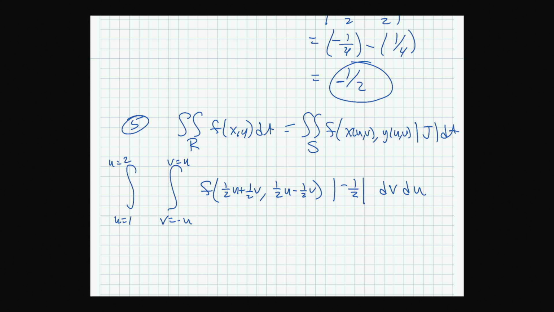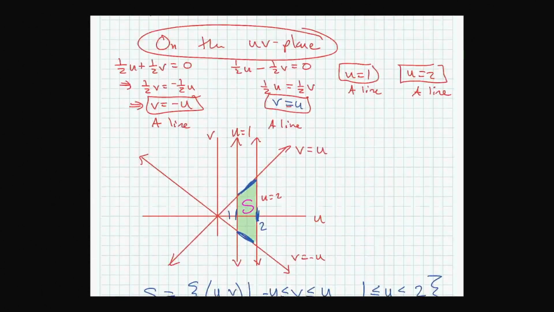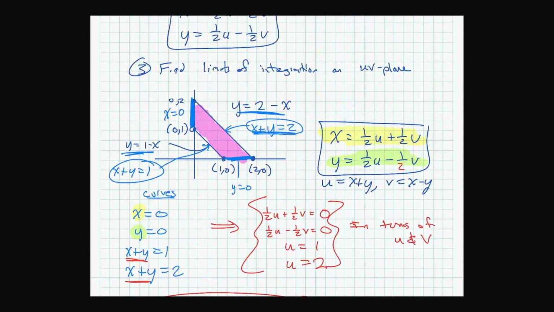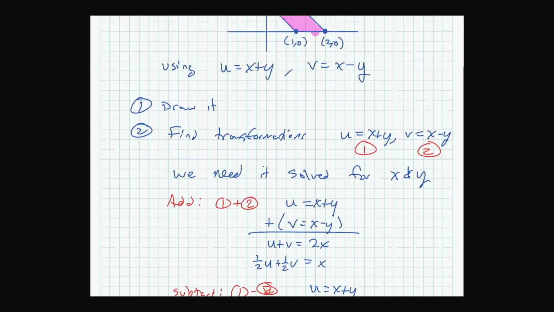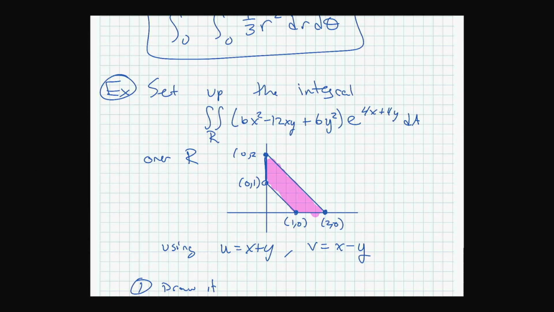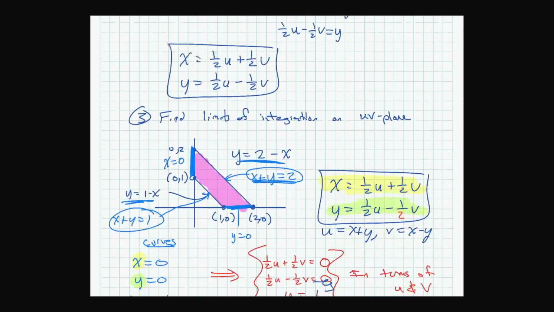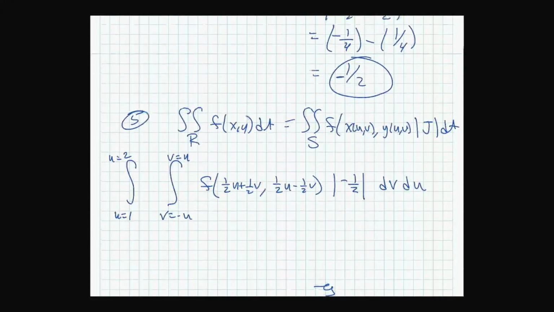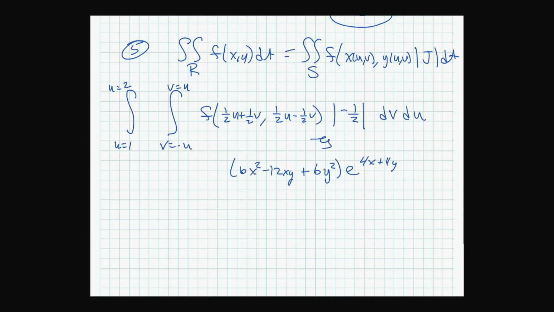Okay. I forgot what the function is. Let's go find the function. Did they give us a function? Oh, yes, they did give us a function. They gave us a really stupid function. I'm not going to finish this, guys. Here's what I'm going to do.